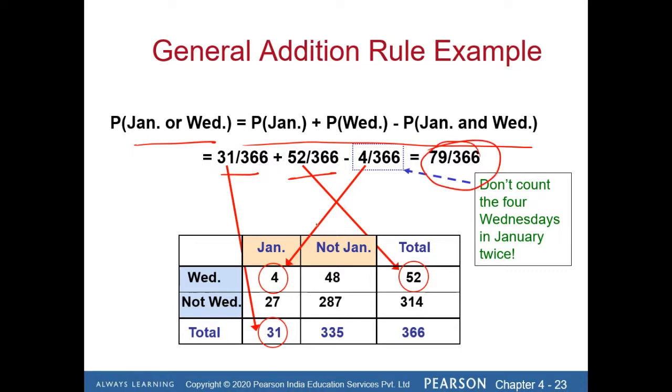We got this because January and Wednesday are collectively exhaustive events, not mutually exclusive events. That's why we used this particular formula. So the probability of January or Wednesday in a year is 79 by 365, and how we calculated it I demonstrated here in this PowerPoint slide.